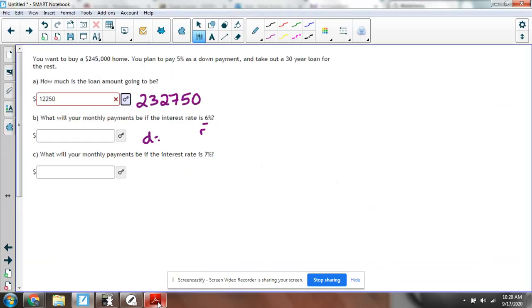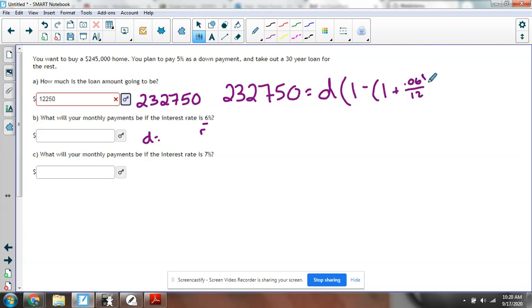So we have our loan amount, $232,750, equals our loan amount times 1 minus 1 plus interest rate 6%, monthly payments at K is 12, to the negative 30 years times K, all over 0.06 over 12.